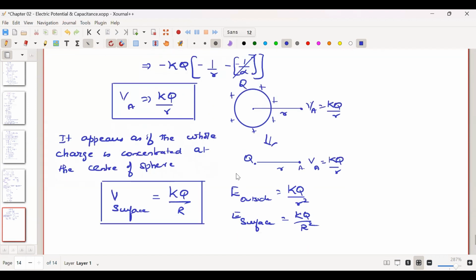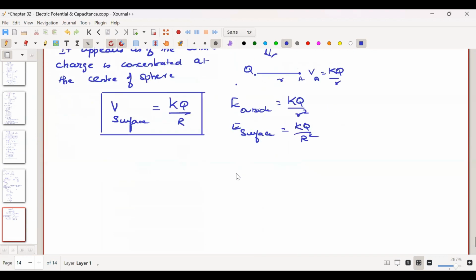Now the important one is the inside point. Let's take the inside point, where R is less than capital R. So let's say this is capital R, and I'm taking some inside point where the distance is R. Now what was the electric field inside?